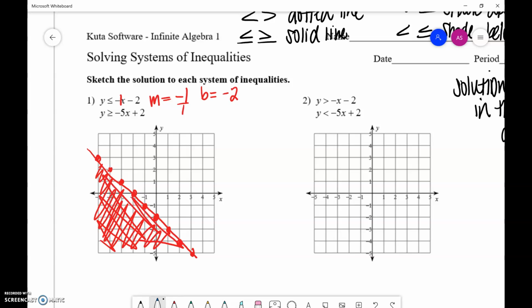Now I look at my next inequality. My slope is -5 and my y-intercept is 2. So I start at 2, then I go down 5 over 1. All right, and I can't go down anymore, so I'm going to just keep those 2 dots. We have the greater than or equal to, so that means we're going to have a solid line.